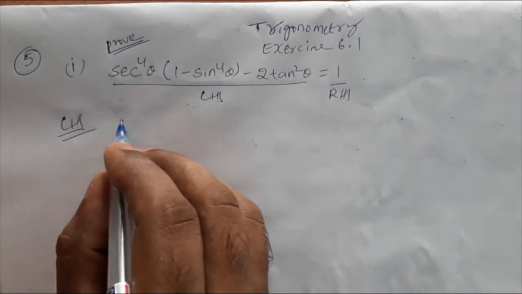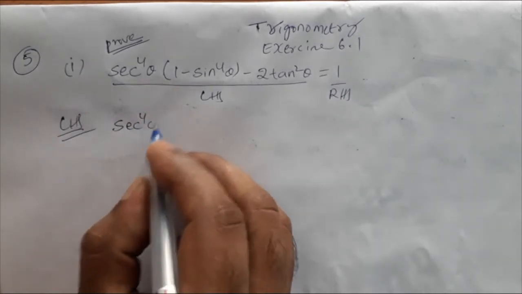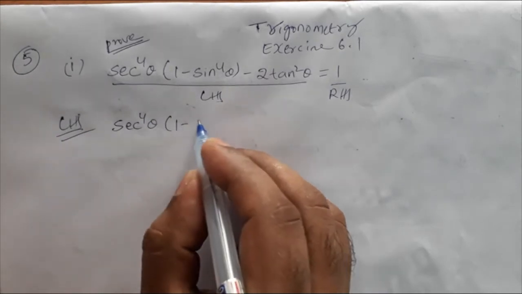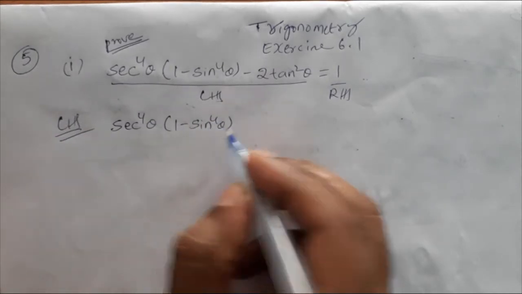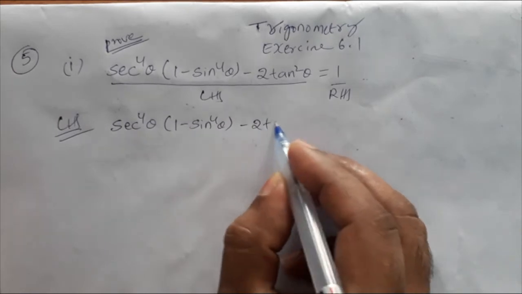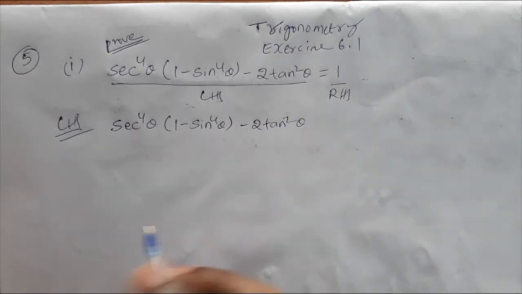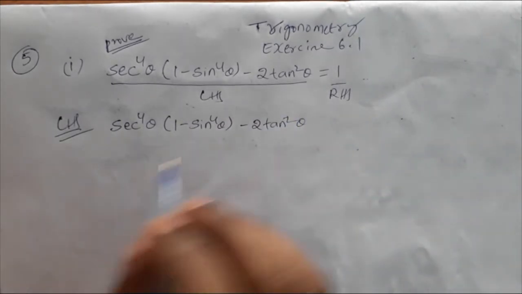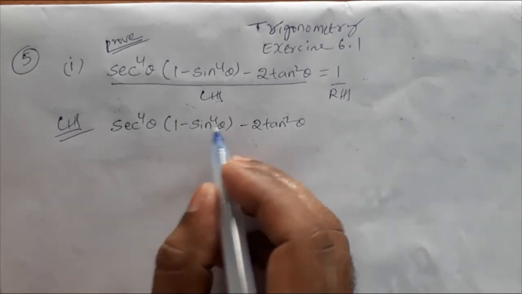LHS is given like this: secant power 4 theta into 1 minus sine power 4 theta, minus 2 tan square theta. Nothing much to do, just multiply this and remove the bracket.